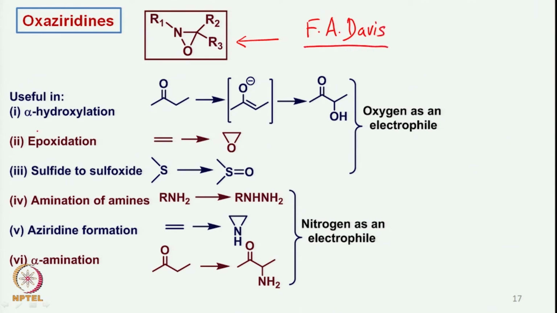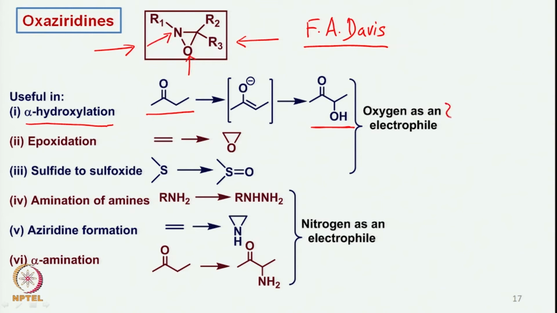For example, it is useful in converting a ketone to the corresponding alpha hydroxy ketone. So, alpha hydroxylation is one of the reactions that is found to take place, and this is how it works very well. So, here this oxaziridine, as one can imagine, could be a source of nitrogen or could be a source of oxygen.